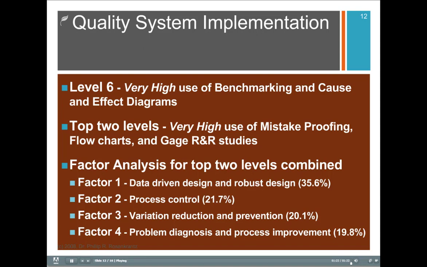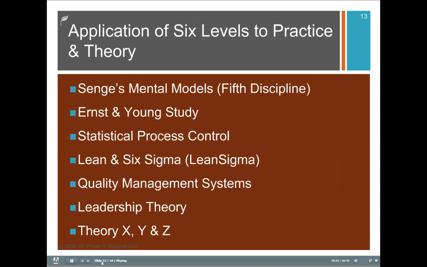It was mentioned that one of the objectives of this module was to relate the 6 levels to other authors and other theories and concepts. Here's a list of some of those. One is Senge's mental models, as discussed in his famous book, The Fifth Discipline. There's an Ernst & Young study that correlates very well with the 6 levels and these findings.